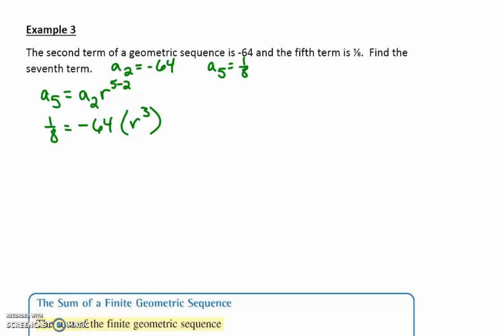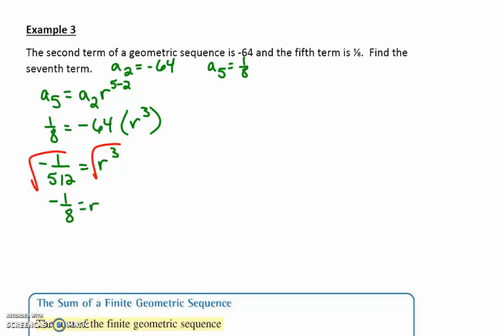We're going to divide both sides by 64, and so we get -1 over 512 is equal to r cubed. And then when we take the cube root of both sides, we get -1/8 is r.